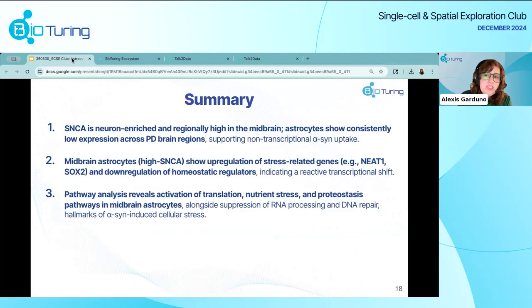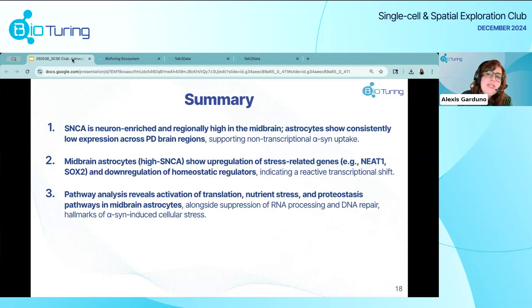Something we were able to see just by mapping out the expression of the alpha-synuclein encoding gene is that SNCA is expressed in neuron-enriched regions and is high in the midbrain region, particularly the substantia nigra, as opposed to astrocytes, which normally show consistently low expression across specific cortical regions in the brain, supporting that there is a non-transcriptional alpha-synuclein uptake within these cortical regions, or motor cortical regions in the brain, within these Parkinson's disease patients.